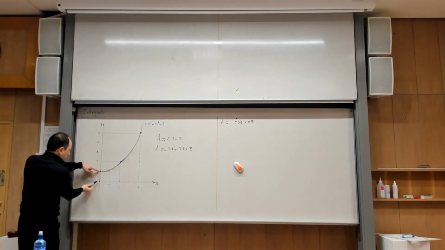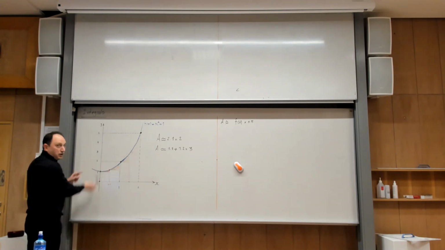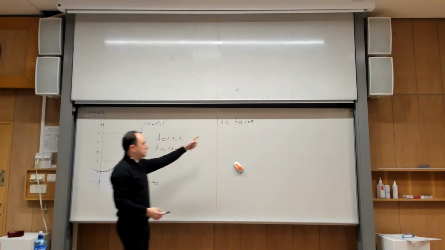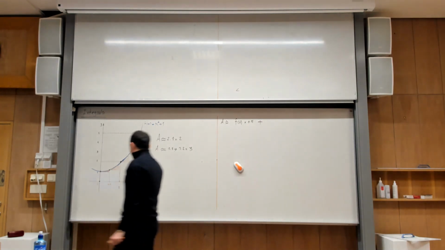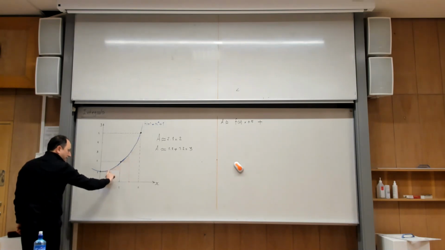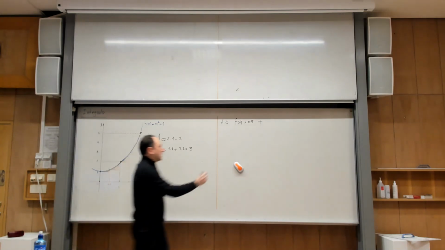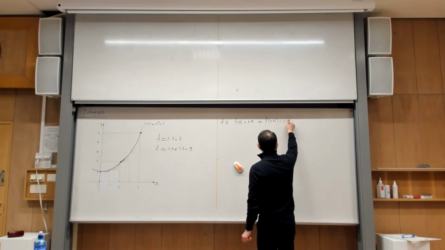If I ask you this height, of course this is very easy to see in the picture, it is 1, but if I want to calculate 1, this number is 0, I put 0 in my function, and what I get is the height. So this is f of 0 multiplied by 0.5 plus, if I go to the next rectangle, the width is still 0.5, but the height is the value of my function at 0.5. Yes, so I can write it as f of 0.5 multiplied by 0.5.